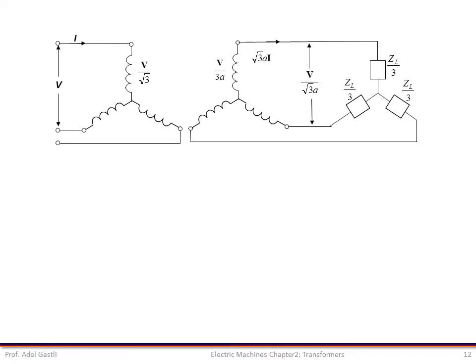The equivalent Y representation of the actual circuit is shown in this figure, in which the primary and secondary line currents and line-to-line voltages are identical to those of the actual circuit.